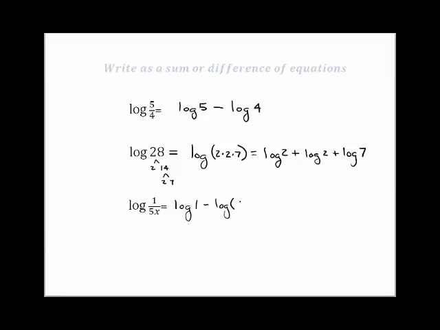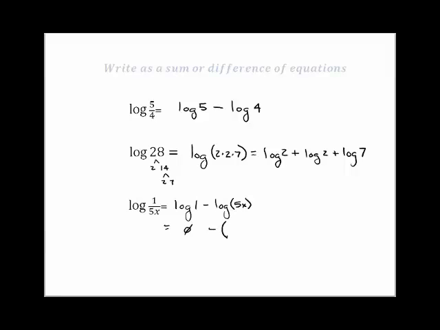That's the log of 5x. All right, now, what did we say? Those properties I said not to pay attention to too much. Log of 1. What was log of 1 equal to? It was equal to 0. All right, so we don't have to contend with that part. But this part we do.